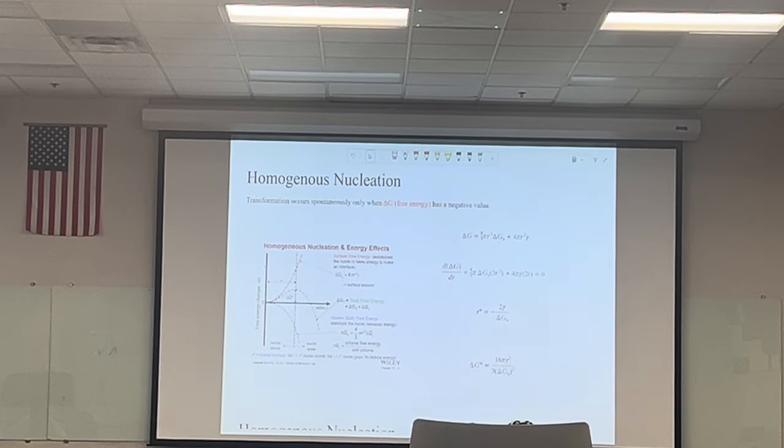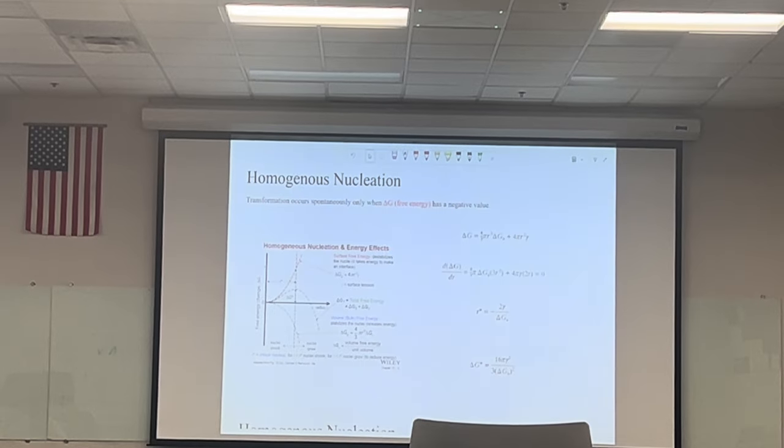If you took thermodynamics before, you are familiar with delta G. Transformation basically occurs spontaneously if delta G, or the free energy, has a negative value. So how do we calculate the free energy in our case, which is nucleation?